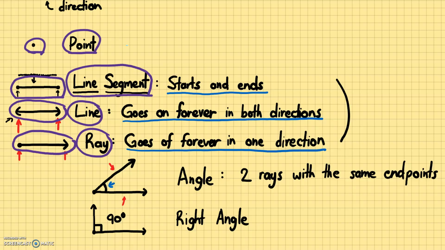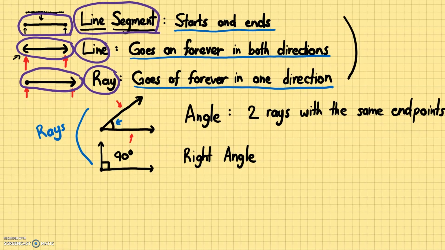These are things or images or figures, whatever you want to call them, that you can make with rays. Okay, when you join two rays together, you can make these figures. And let's see what happens when you are joining two lines.